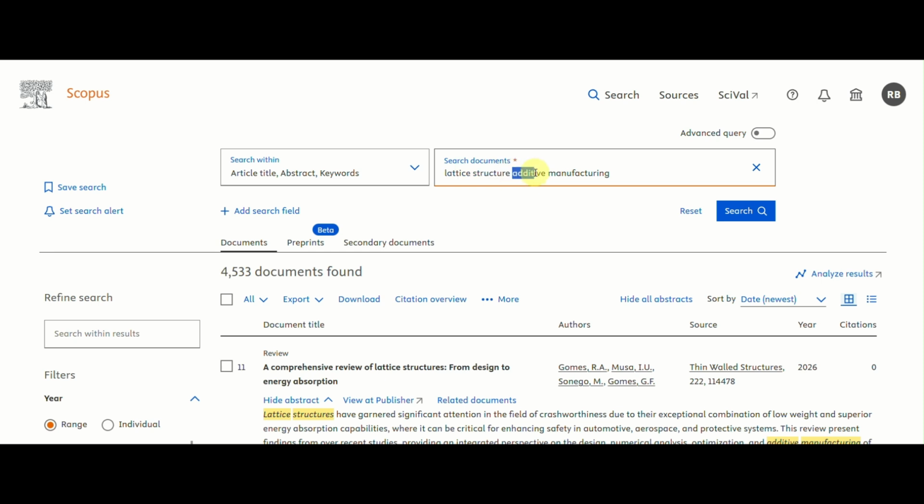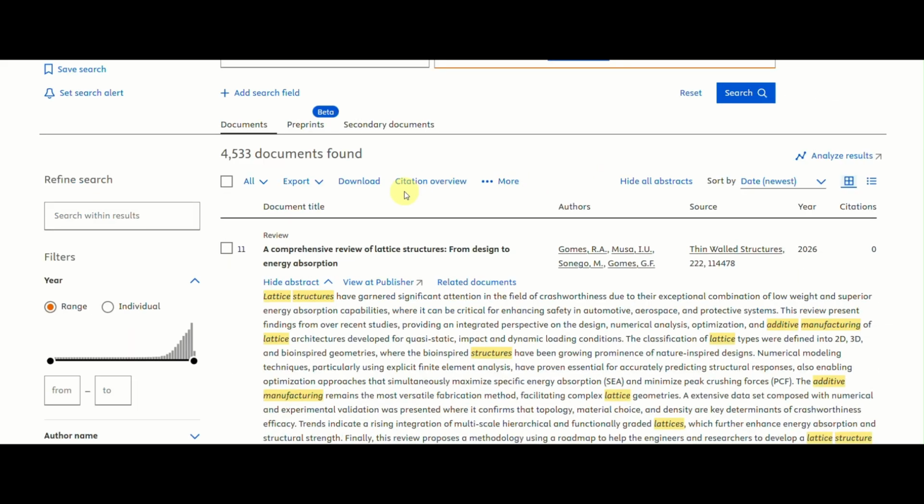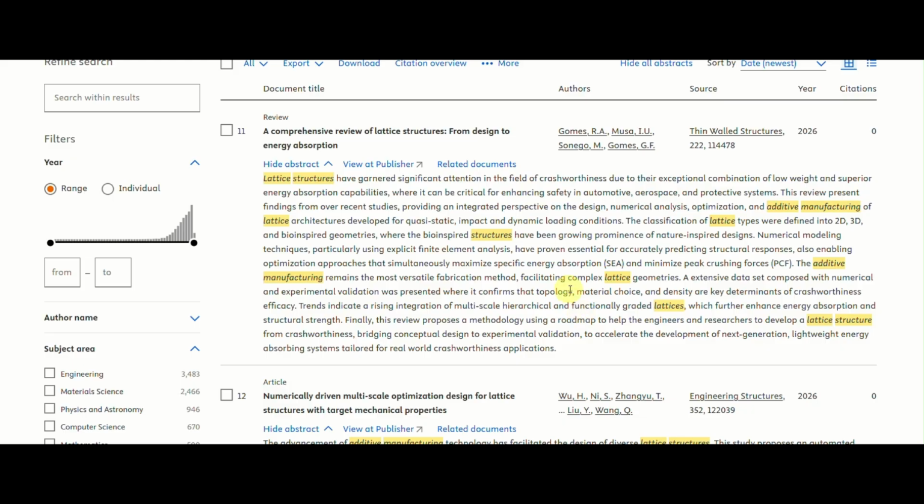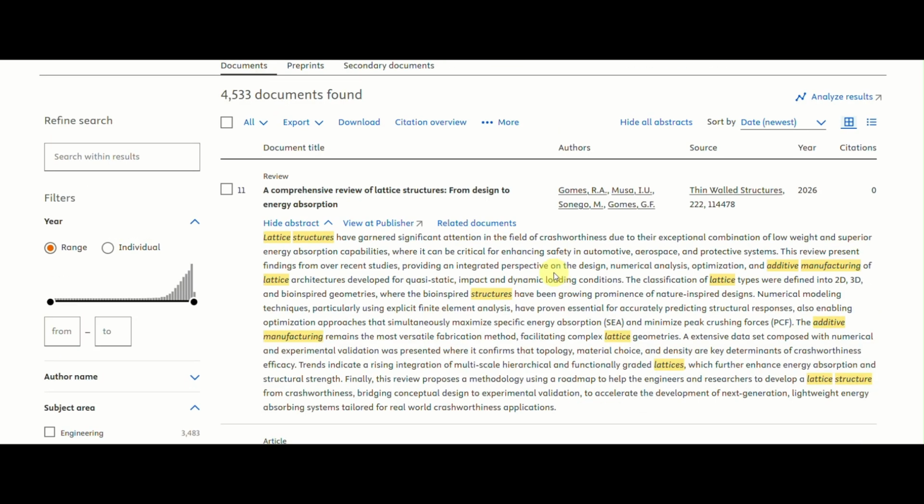Similarly, we don't want research papers where additive and manufacturing appear separately. Let's see how exactly it is considered. In this paper, it highlights the keywords we have given. If you observe clearly, the lattice word appears separately, the structure word appears separately, and lattice word again here.